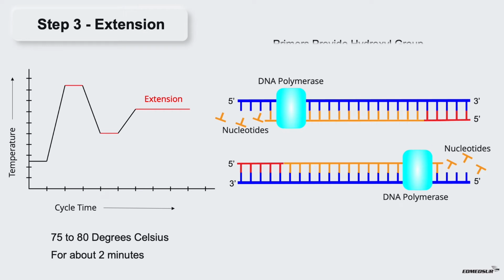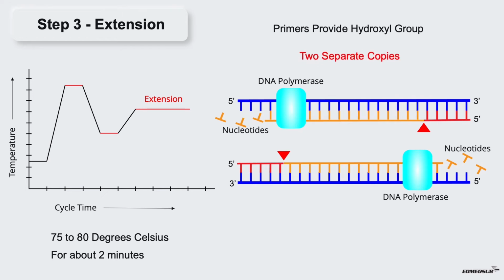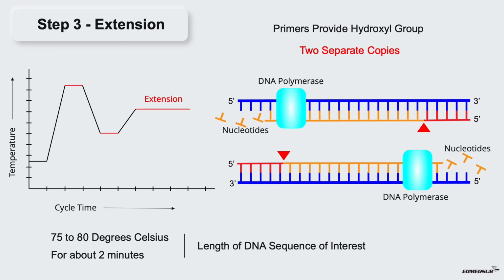Here, the primers provide the hydroxyl group present on the 3' end of the primer that is needed to start the DNA synthesis in 5' to 3' direction. This will allow the polymerase to build a new copy of DNA. At the end of the extension step, we would get 2 separate copies of a particular sequence of DNA. The time of 2 minutes is variable and depends on the length of the DNA sequence of interest.